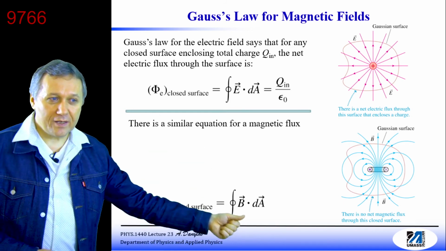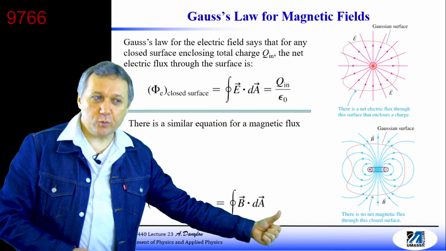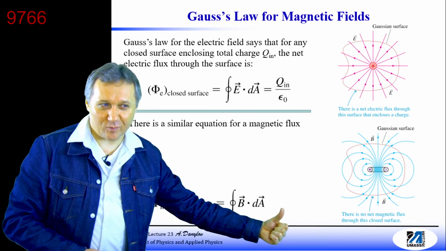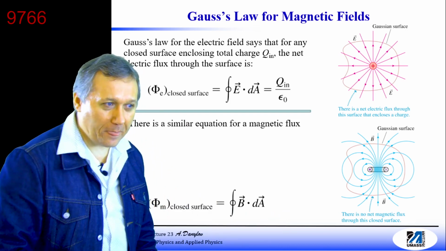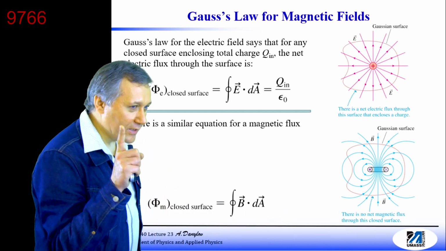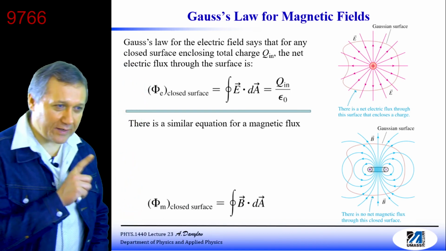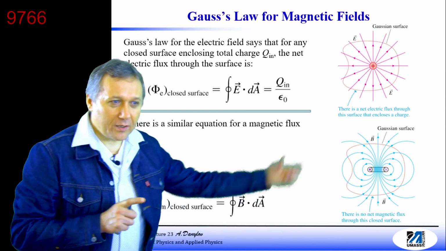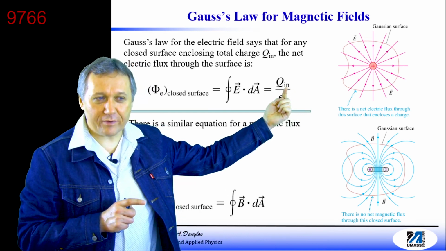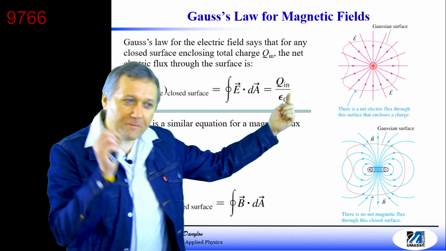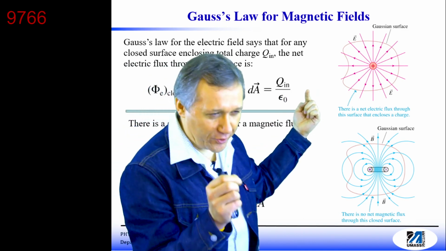Now, can you guess what we should have on the right hand side of this law? On purpose, I left the gap. If you still haven't recognized what should be on the right hand side, look at what we have in Gauss's law. We have charges. What's the fancy name for electric charges?